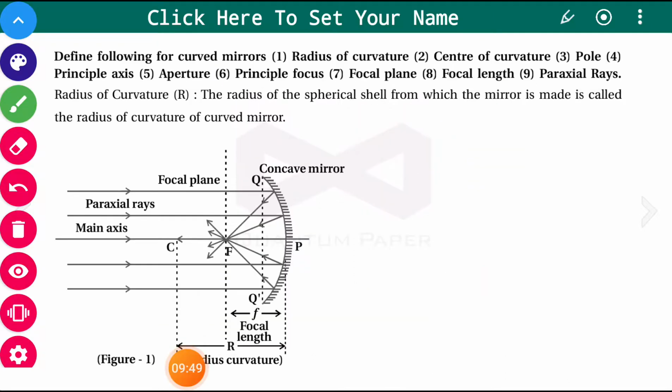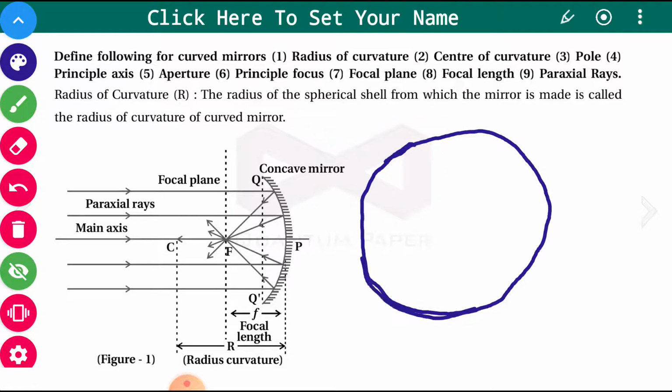The first thing that we are going to discuss is the radius of curvature. Now try to understand. The mirror is made from a spherical shell. Consider a hollow spherical shell; shell means a hollow part.